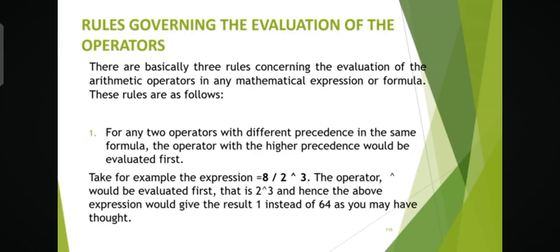That means we will do 2 raised to the power 3 first before we come to the division. 2 raised to the power 3 gives us 8, so 8 divided by 8 gives us 1. So the exponent is evaluated first because it has higher precedence, and hence the expression gives us the result 1 instead of 64, as you might have thought if we were going to do 8 divided by 2 first.